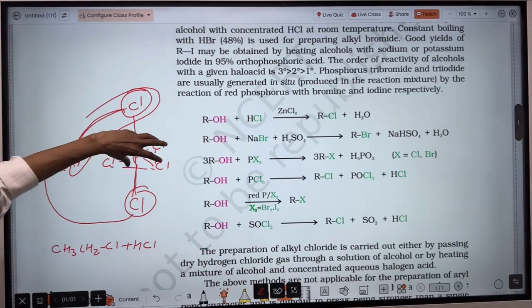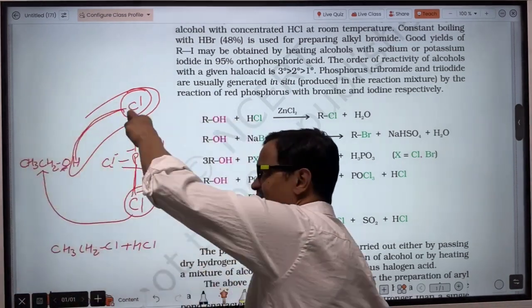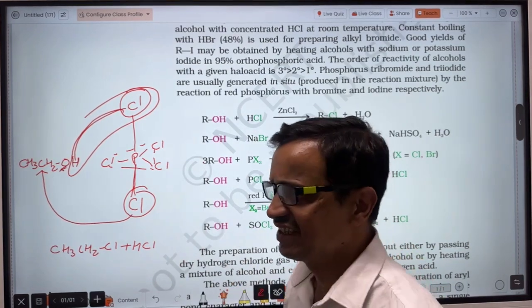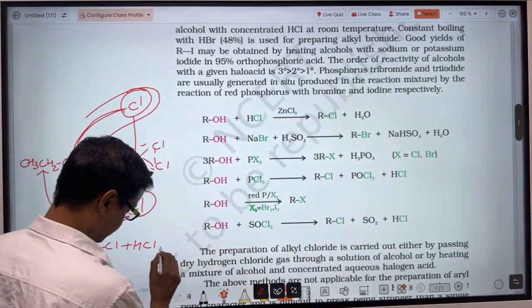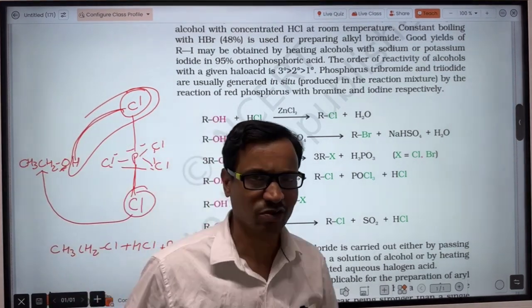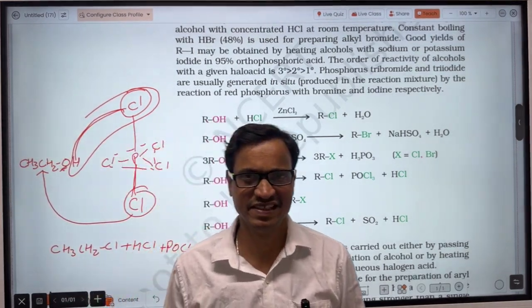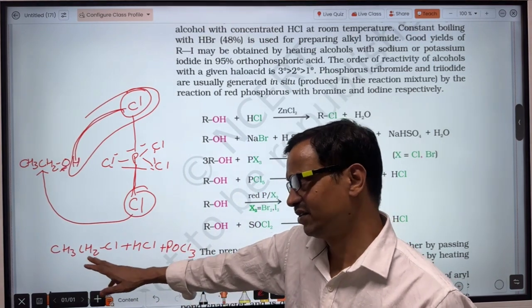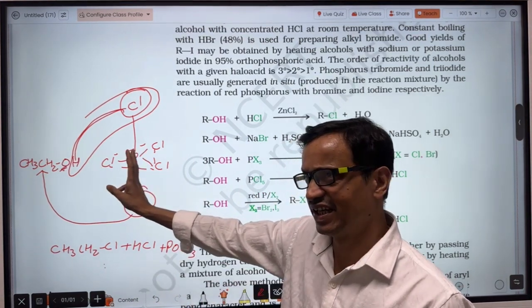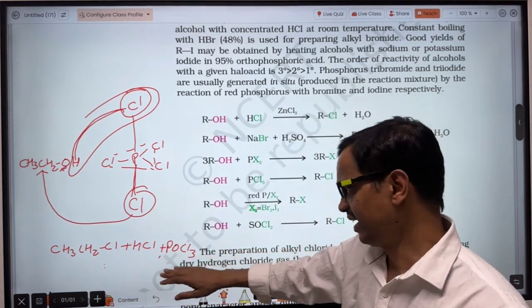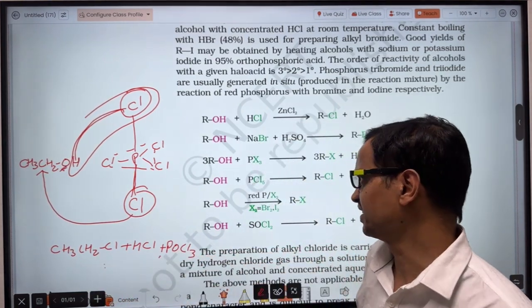There is already PCl3, and when oxygen combines there, there will be formation of POCl3. That means when alcohol reacts with PCl5, there will be formation of haloalkane, HCl and POCl3.